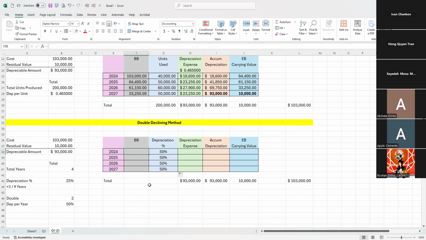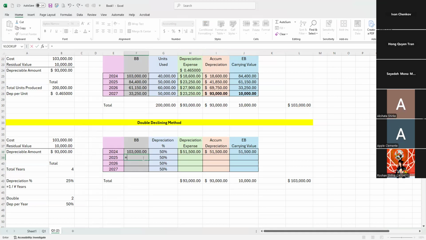Do I know my beginning balance? Yes, 103. And then start the calculation. First year depreciation, 103 times 50%. Accumulated depreciation first year, the same. Carrying value, beginning balance minus the depreciation expense.